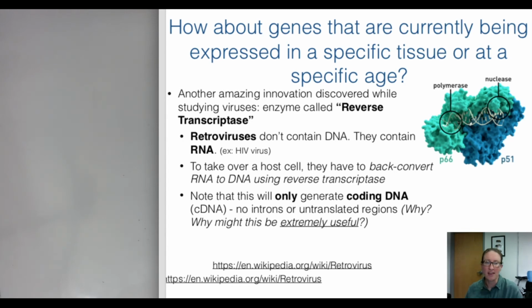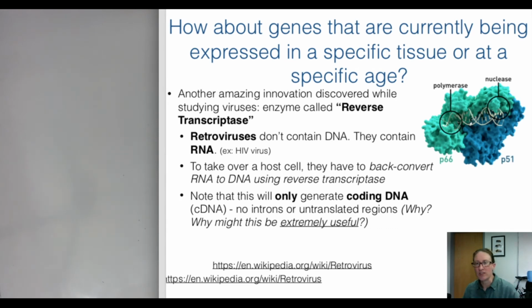And so they contain an RNA sequence that codes for the production of this enzyme, reverse transcriptase. Then that reverse transcriptase back converts the virus's RNA to DNA, and then that virus can take over the cellular machinery to make more copies of itself and spread itself further.